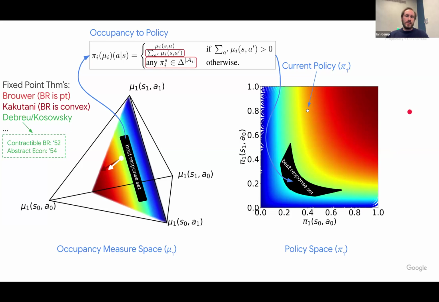But most of these equilibrium existence proofs rely on more stringent conditions. So, for example, Brouwer assumes that the best response is a point. And then Kakutani generalized that to saying the best response is allowed to be convex. So this would have been fine if it was convex.